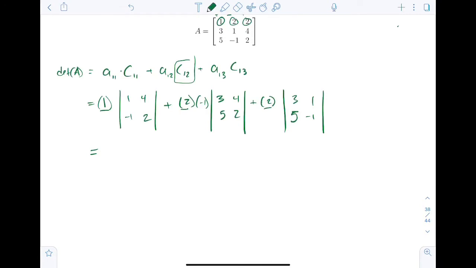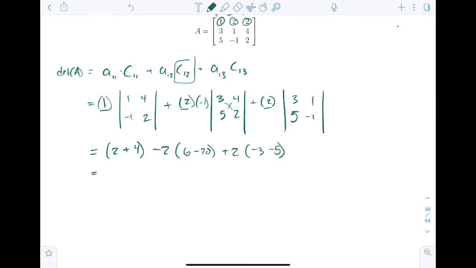So I get 1 times 2 minus -4, so 2 plus 4, minus 2 times 6 minus 20, plus 2 times -3 minus 5.